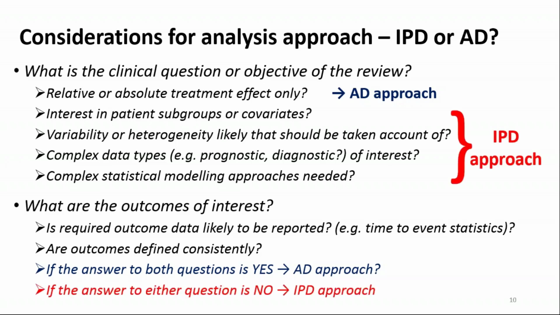However, if anything more complex in the clinical question or the objective and the analysis approach is required, or if there are any concerns regarding the definition of the outcomes or whether outcomes are likely to be reported or not, then an IPD approach is likely to be required in these scenarios.